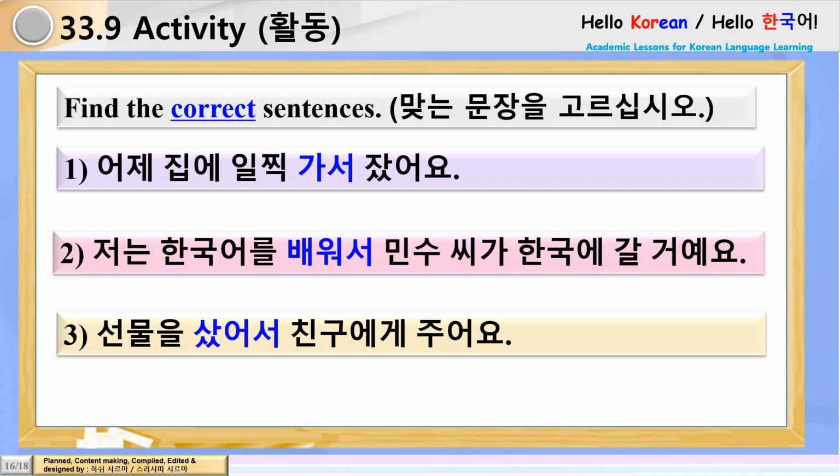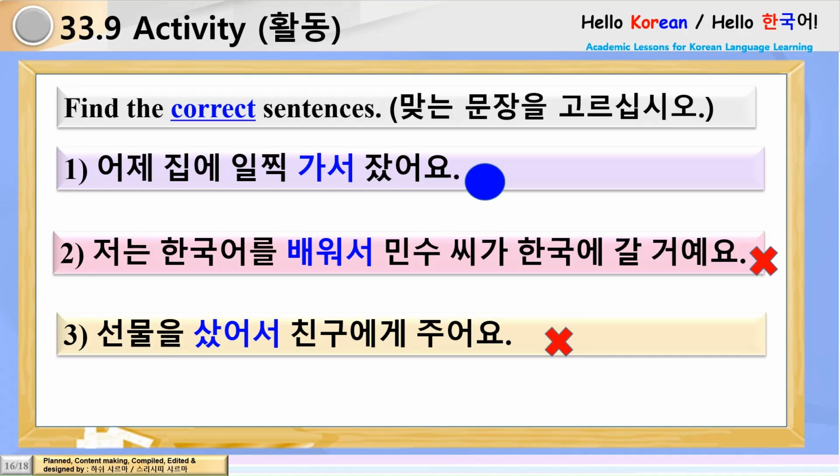The things which you have to take care of: first, subject of the sentence and the conjugation of tense markers. Okay, you can find it now. I'm waiting a moment. You need more time? Okay, you can take more time. So if you are able to find the answers, now you can say you are expert in this grammar.